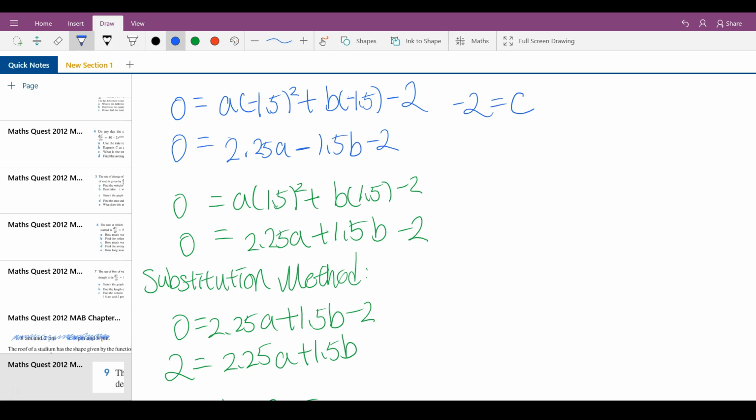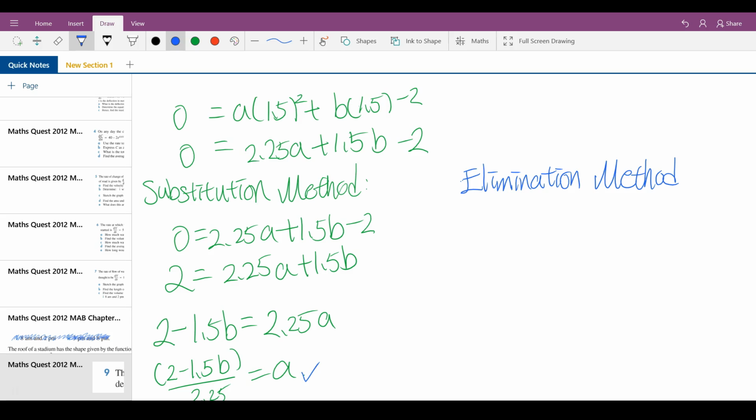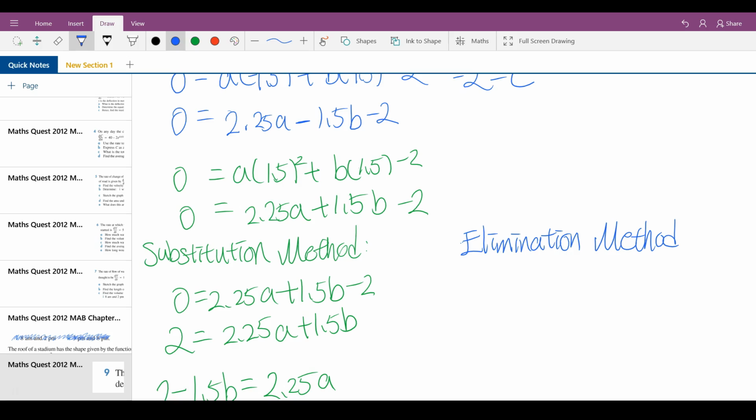Okay, so to use the elimination method, we list the two functions out. So we got 0 equal to 2.25a minus 1.5b minus 2.